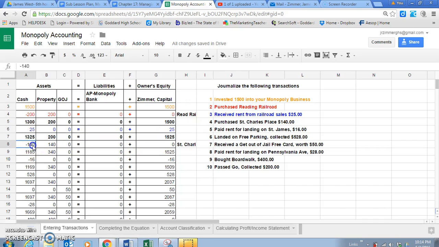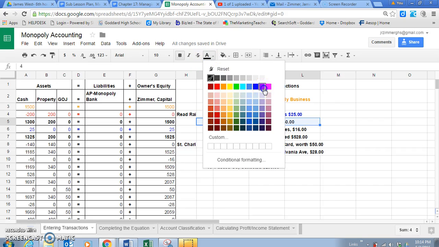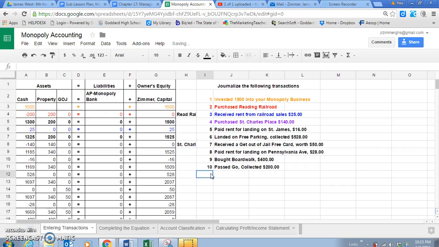Let's look at the next transaction. On the next transaction, we purchased St. Charles Place. We'll make this, maybe we find a purple or something. Purple. All right. We purchased St. Charles Place for $140, and we'll make that purple as well. And then I made my adjustments accordingly, and so my new value for cash, I spent cash to buy that, is $1,185.